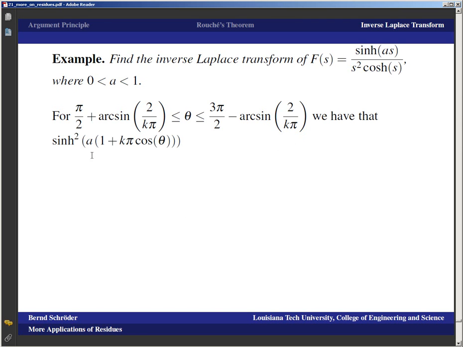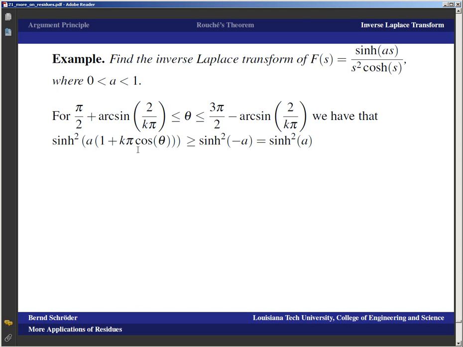And for that we have that, well, sinh squared of a times 1 plus k pi cosine theta. Now we have to be very careful here. Well, that is greater than or equal to sinh squared negative a, and that is because we know between pi halves and 3 pi halves we have that the cosine is negative.